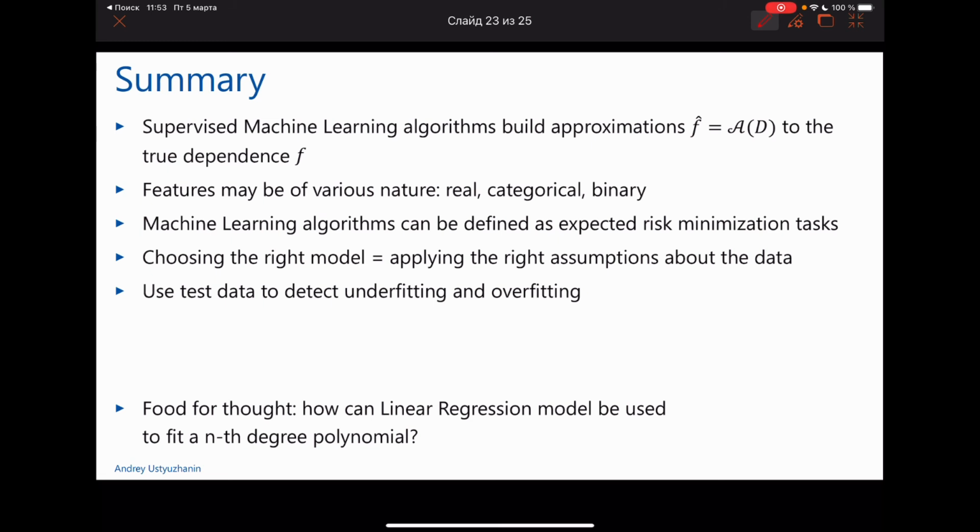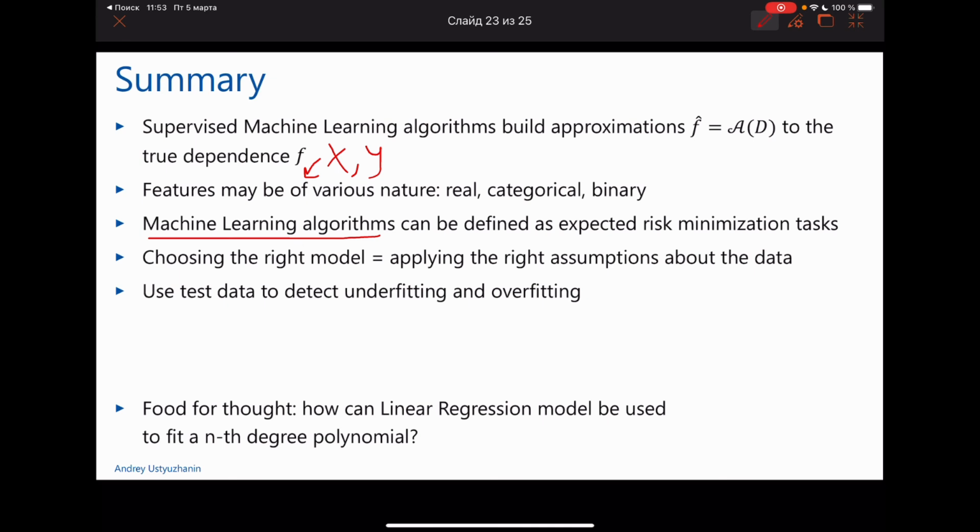So we introduced the supervised machine learning setting that is expected to build an approximation of the true dependence between x and y sets. And x are represented by features. Y can also be of different kind depending on the problem that you're trying to solve. And machine learning algorithms can be defined as an expected risk minimization task that usually minimizes some kind of loss.